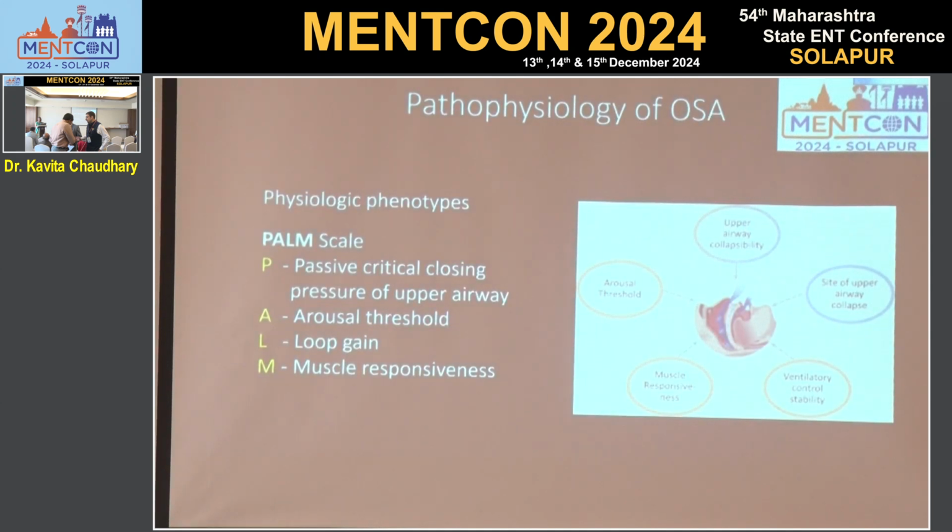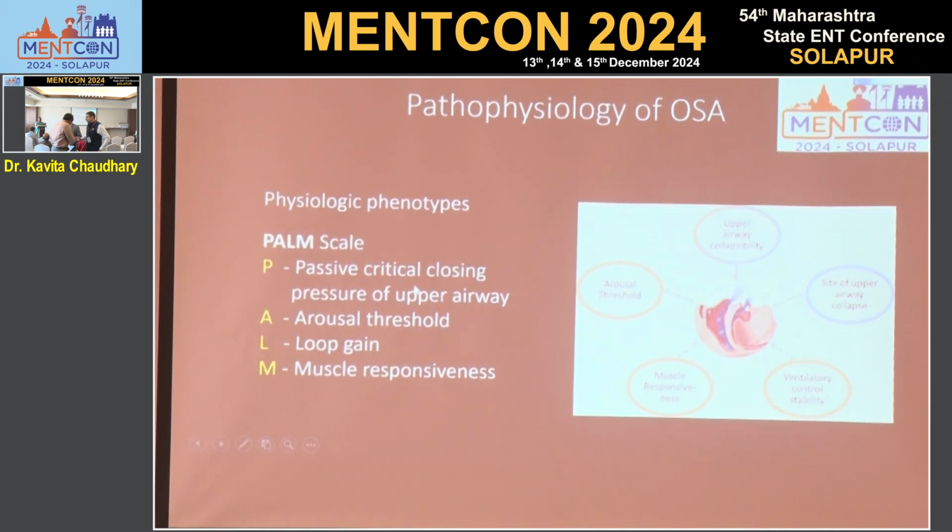When we are dealing with the OSAS patient and using these exercises to help them, we are focusing on the physiological phenotypes of OSAS, that is the PALM scale. We are going to improve the collapsibility of the airway. We want the airway not to collapse, so we want to improve the tone of the airway muscles.